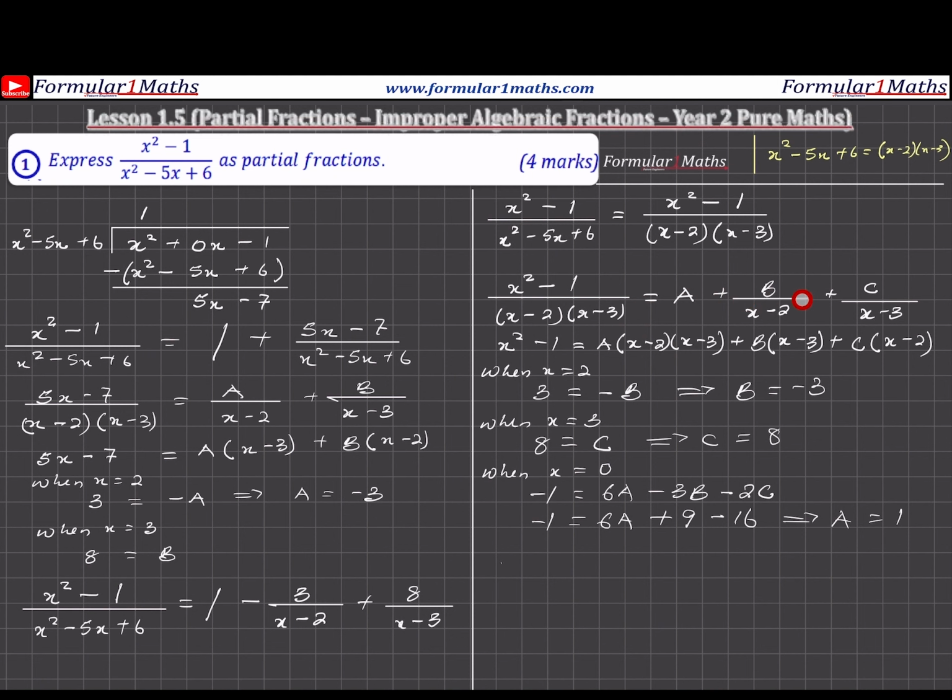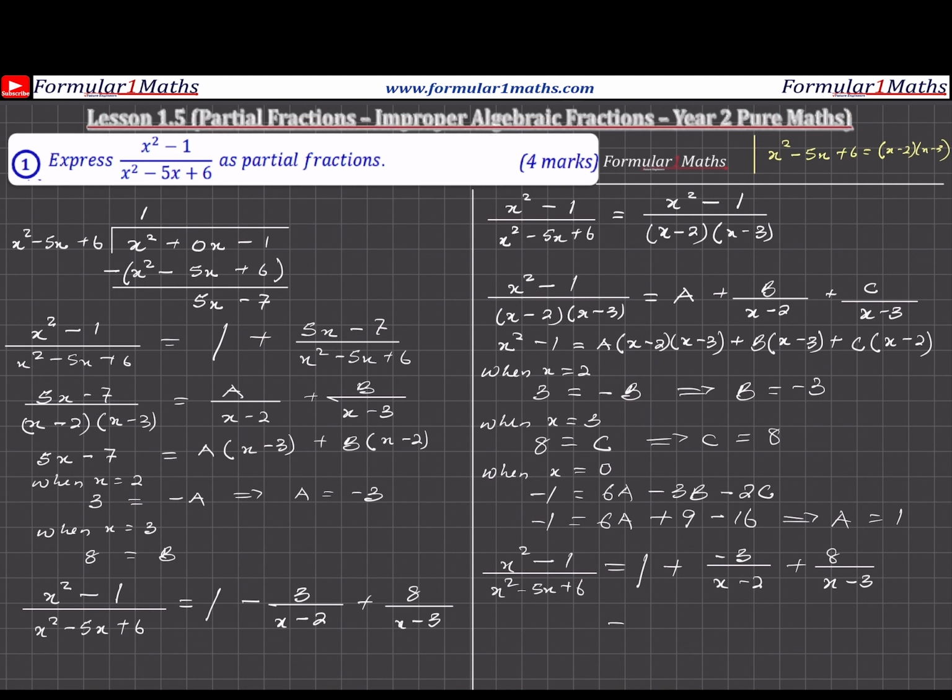So I have x squared minus 1 over x squared minus 5x plus 6 is equal to a, which has got to be 1 over here, so that's 1, plus b, which has got to be minus 3, so I have minus 3 over x minus 2, and finally c, which has got to be 8 over here, and so plus 8 over x minus 3.